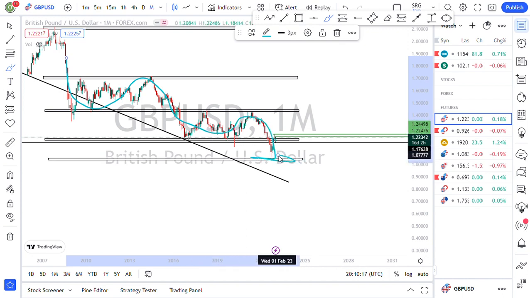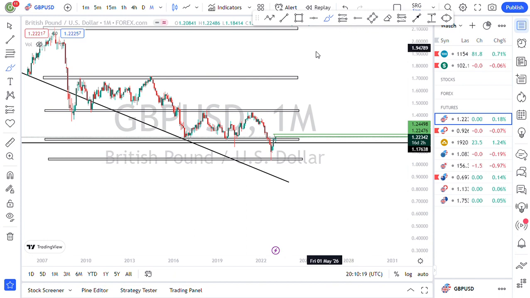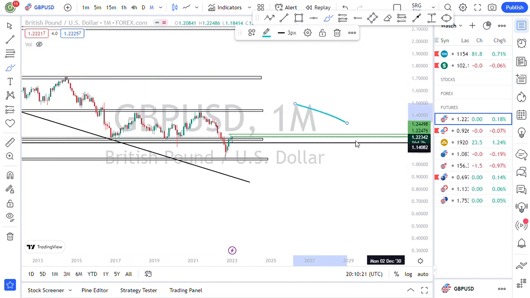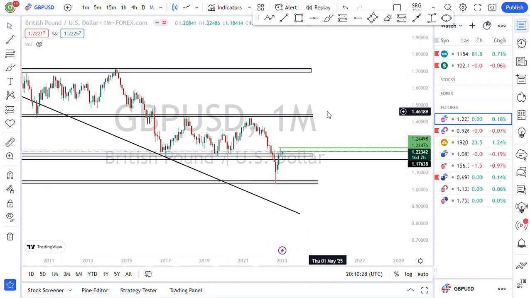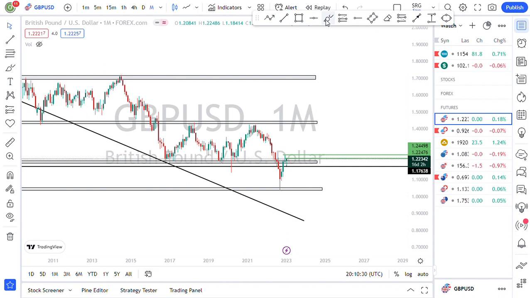And now price is on our support on the monthly time frame, with a monthly candle above our support region. But price has really been doing a lot over there.